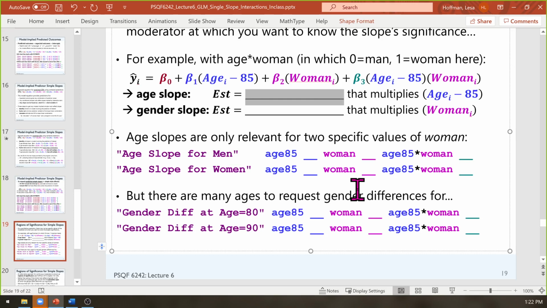Step 1, find all the terms that have age in it. Beta 1 and beta 3, or B1, B3. Yep, I need this. I'm going to put brackets around it.